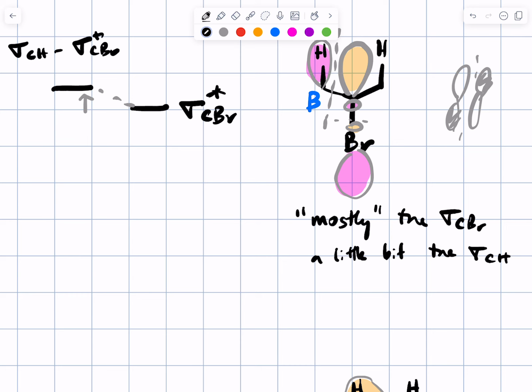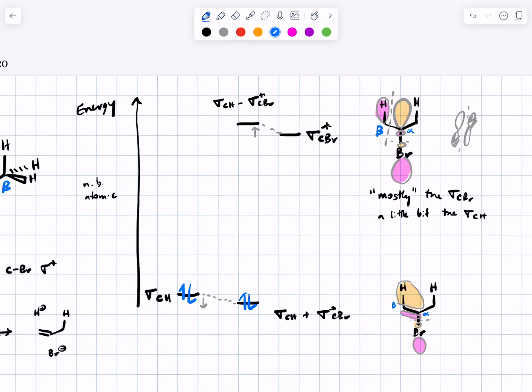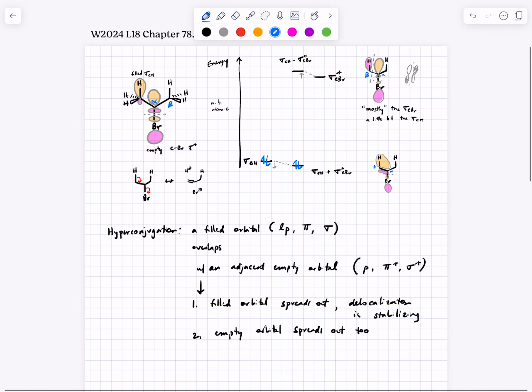And what that means is a nucleophile approaching this molecule is going to have a choice. It can attack that sigma star at two locations. It can attack at the alpha carbon or the beta hydrogen. All right? And those two choices are going to have distinct consequences that we need to be aware of.